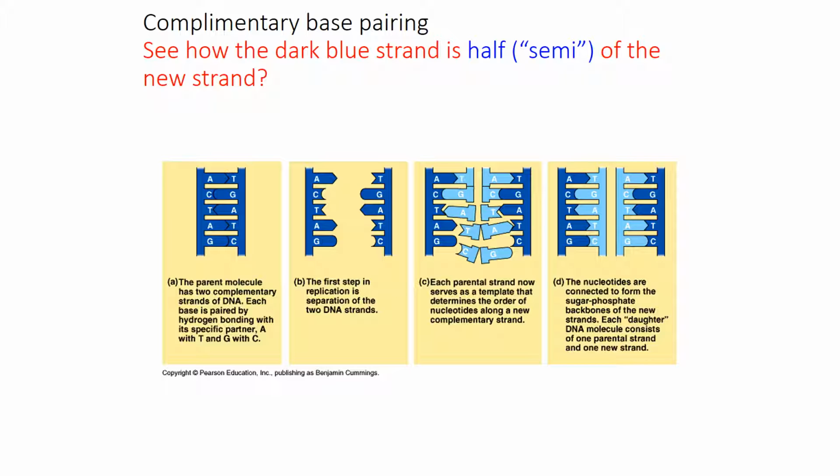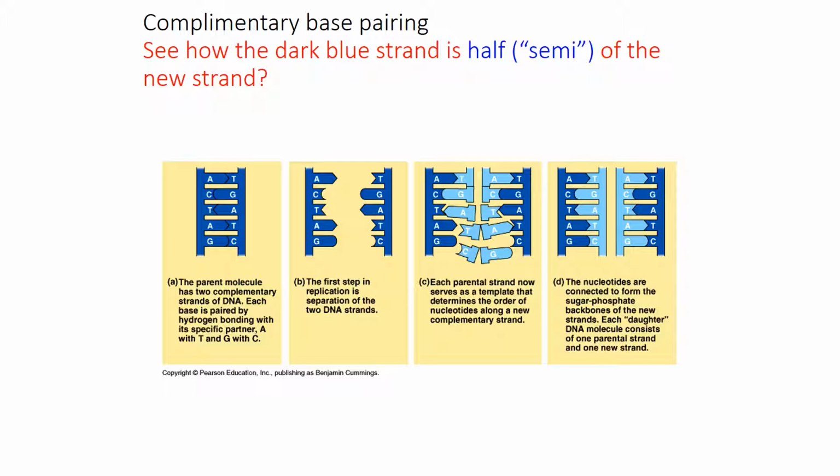And then we're going to add new nucleotides, light blue in this case, in order to build two copies of DNA molecules. And if you notice, each copy of DNA molecule is composed of one new and one old strand. This is called semi-conservative replication.